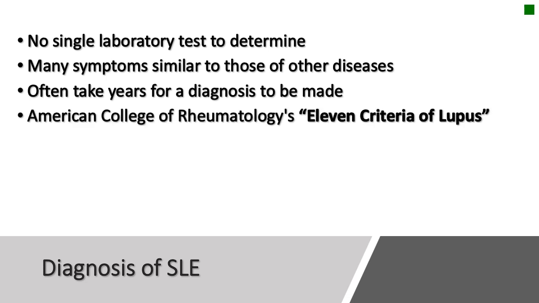The American College of Rheumatology has developed an 11-point criteria for determining if a person is having this condition. According to the guidelines of the American College of Rheumatology, a person must present at least 4 out of these 11 criteria.